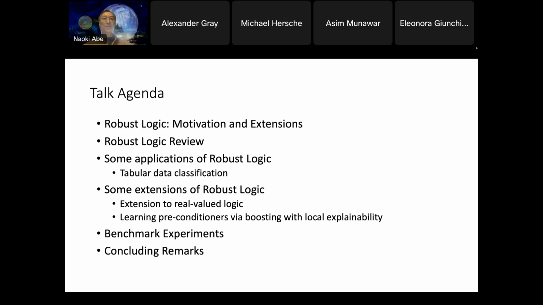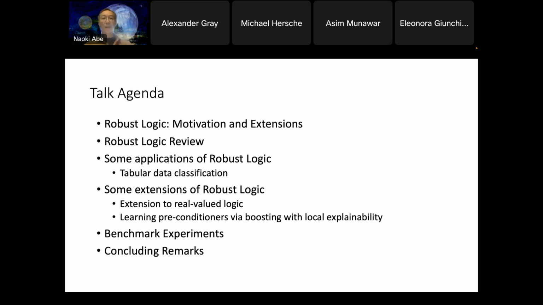Here's the agenda for the talk today. I'll start with some motivation and extensions for robust logic. For those of you who listened to Leslie's lecture yesterday, some of this could be redundant, but I'll briefly review the basic elements of robust logic.